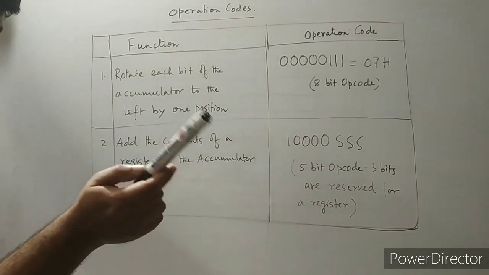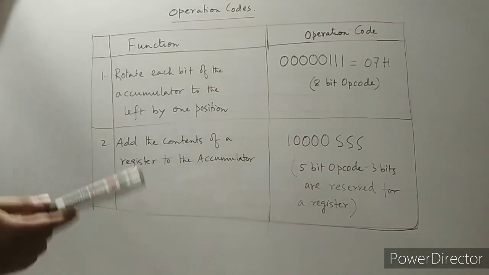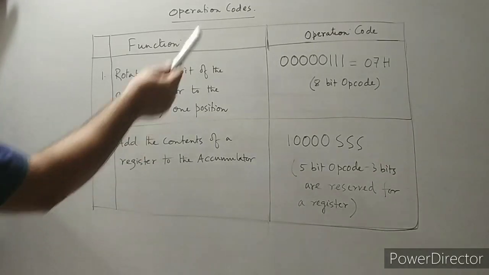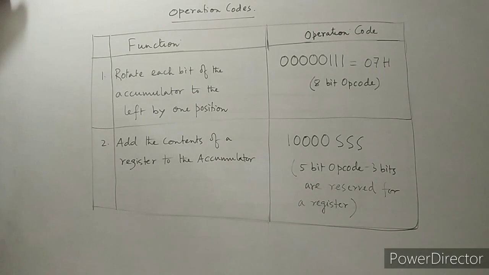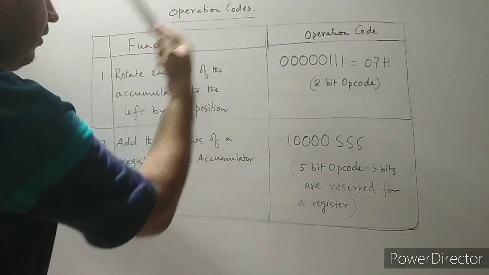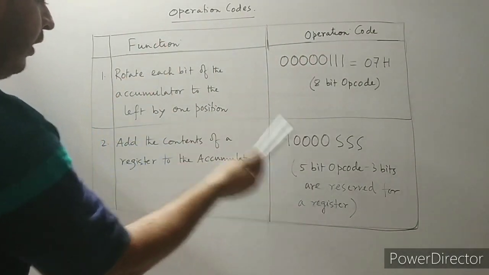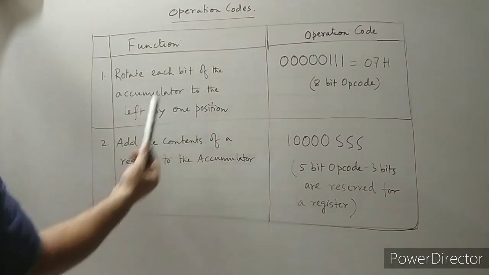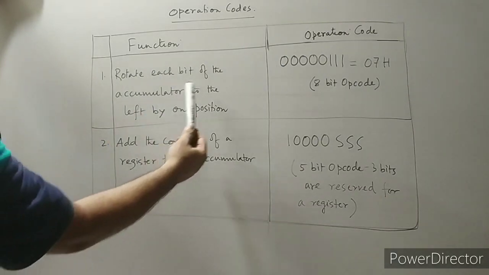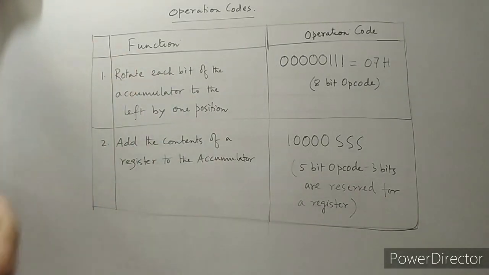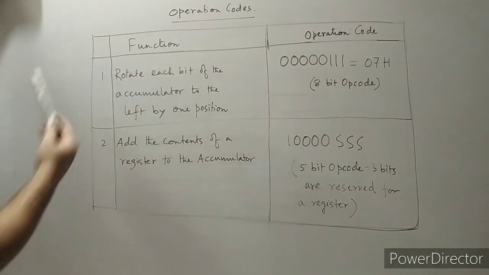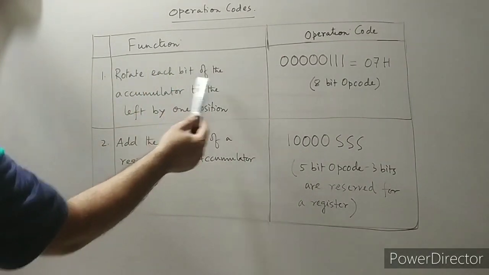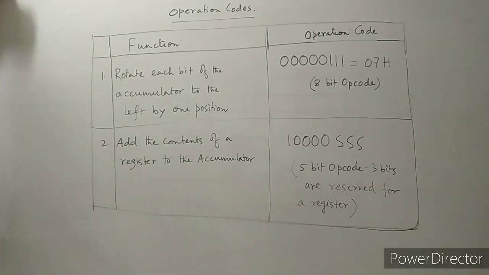So some of the operation codes are identified as follows, for different functions with the corresponding operation code given here. The first function is to rotate each bit of the accumulator to the left by one position.